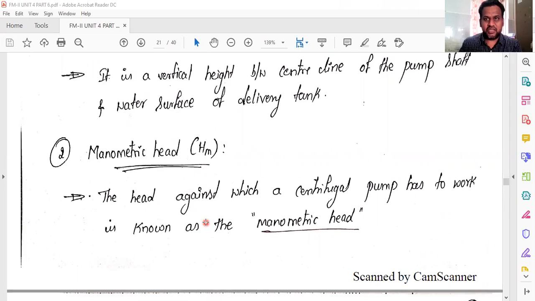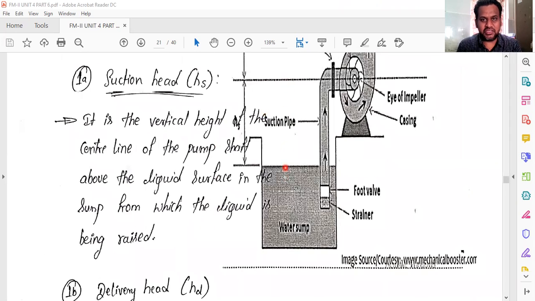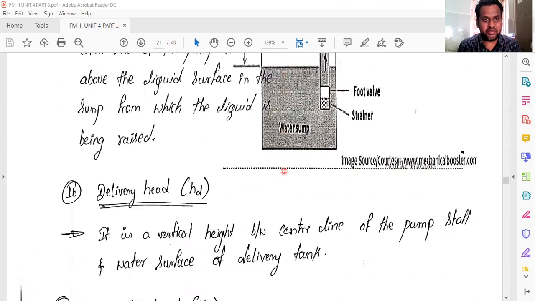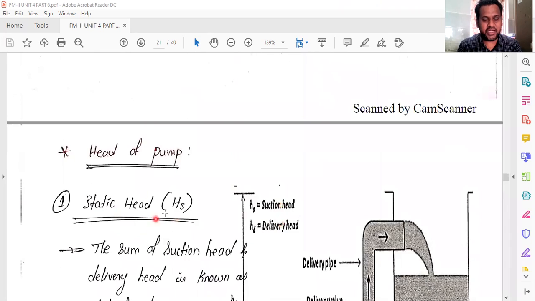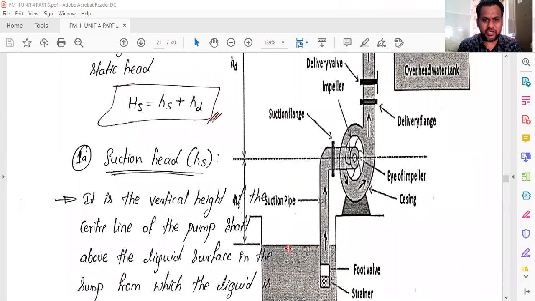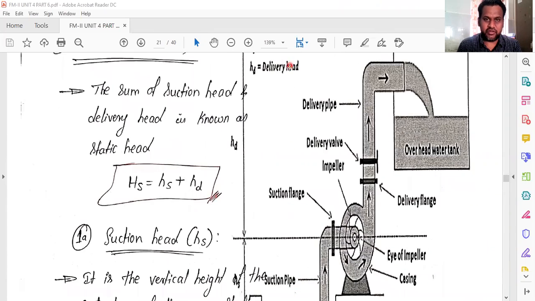Here in this particular case, the difference between manometric head and static head is that in static head you are just taking the suction head and delivery head. You are not considering any other type of heads.